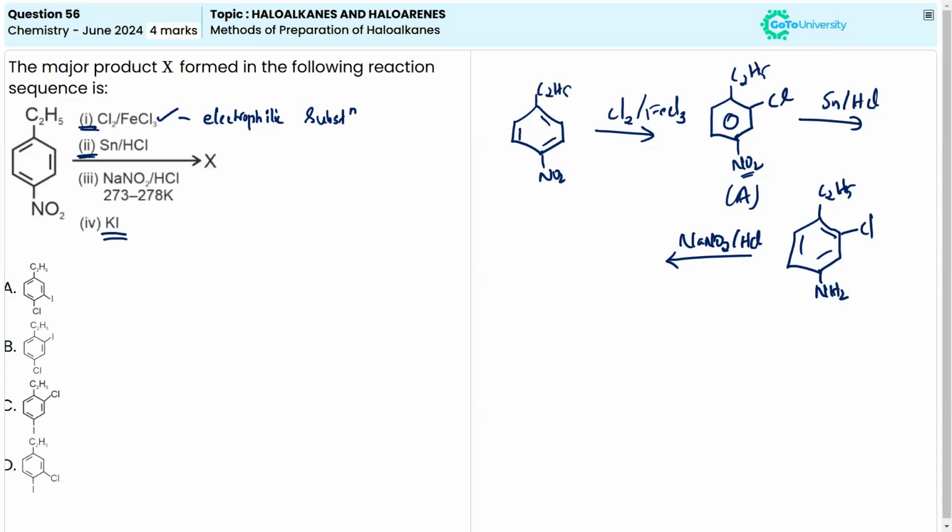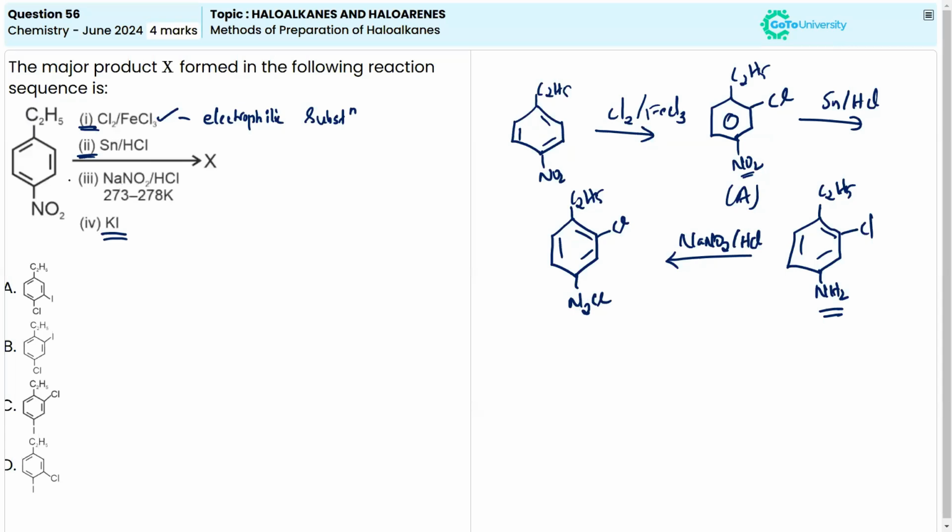This reaction is called the diazotization reaction. So the NH2 group will undergo diazotization and convert into the corresponding diazonium salt, that is N2Cl, with C2H5 and chlorine still there. So this is the diazonium compound of the given reactant.